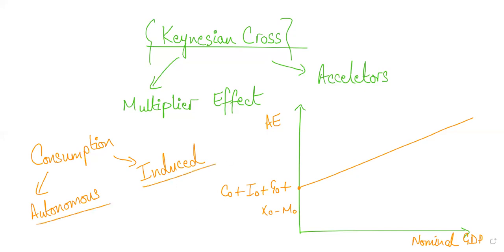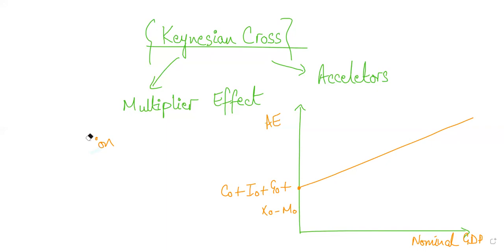Now we need to draw another curve on this graph to determine the equilibrium level of GDP, and that is the x equals y line. What's the significance of this line? We have talked about this in detail: the x equals y line shows all the points where the y variable values, which is aggregate expenditure, are equal to the x-axis variable values.